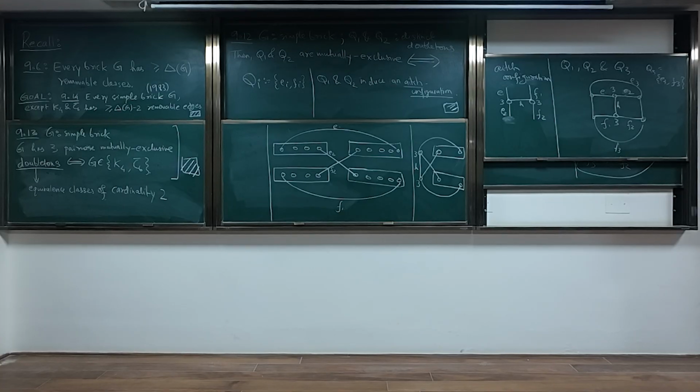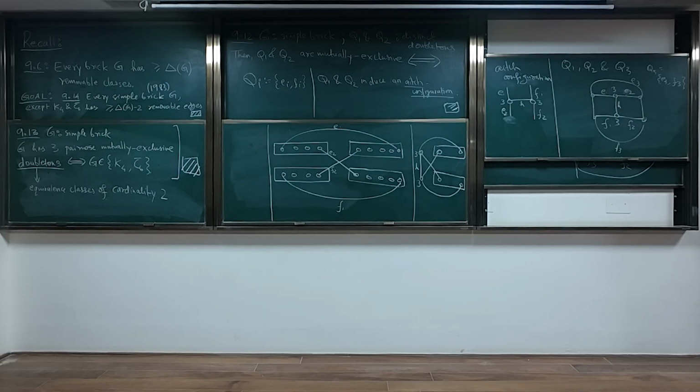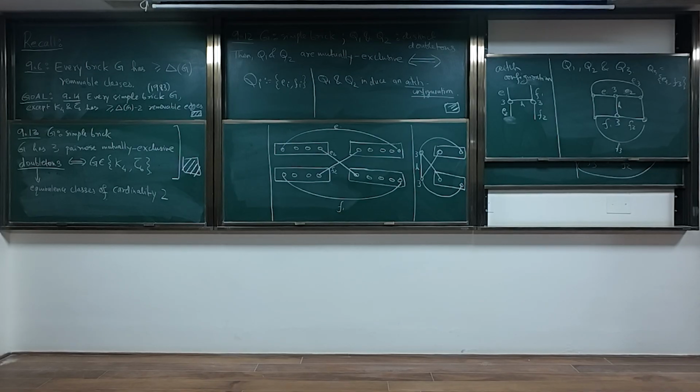Right? And since the Petersen graph plays a special role in Lovász's characterization of the matching lattice, the dimension of the matching lattice actually depends on not just b, the number of bricks, but the number of Petersen bricks. So Lovász conjectured that all bricks except K4, prism and the Petersen graph, I don't even need simple, each of them has a b-invariant edge.